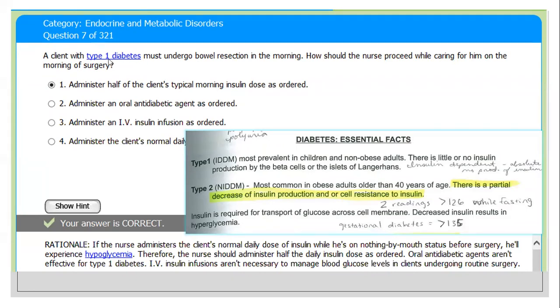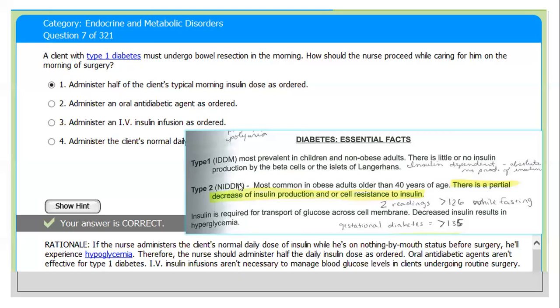So we know that type 1 diabetes is treated by insulin and type 2 is usually treated by oral anti-diabetic medication. Let's talk a little bit about type 1 and type 2 diabetes. Type 1 is insulin-dependent diabetes mellitus, but type 2 is non-insulin-dependent diabetes mellitus.